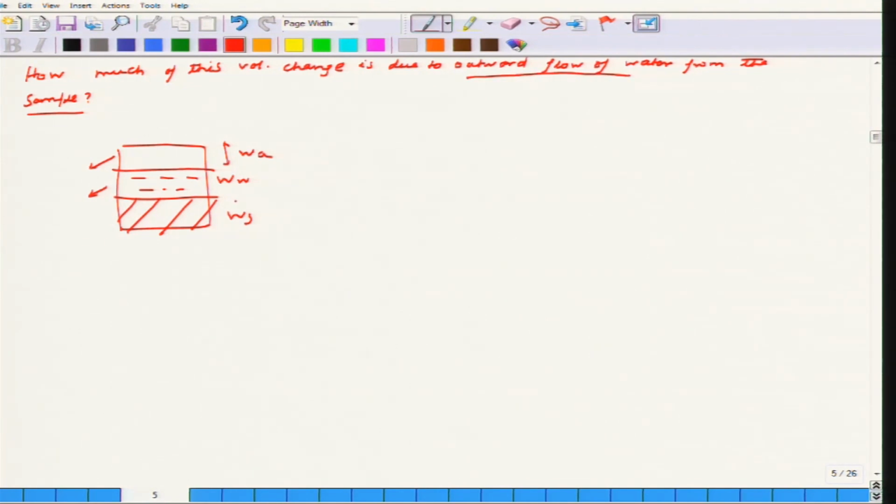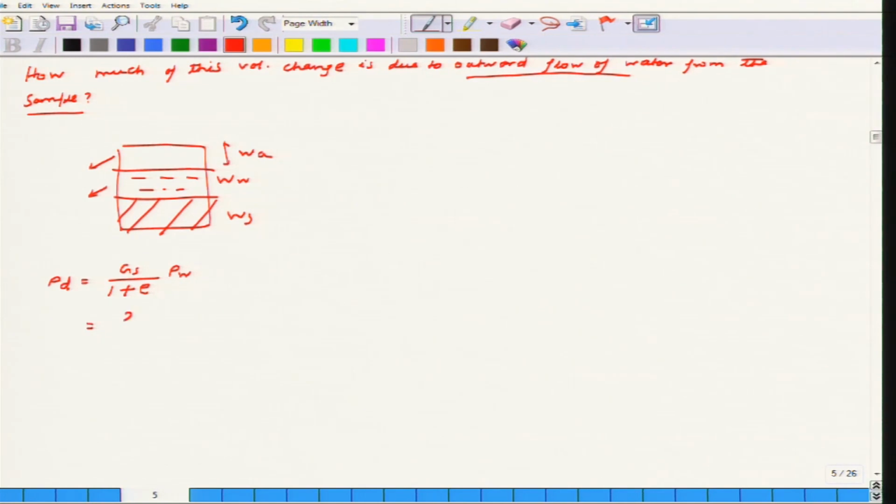So in this case let us first find the dry density of the soil sample, because when the soil is entirely dry it consists of only air and soil solids. We all know that the dry density is given by rho d is equal to Gs by 1 plus e, into rho w.